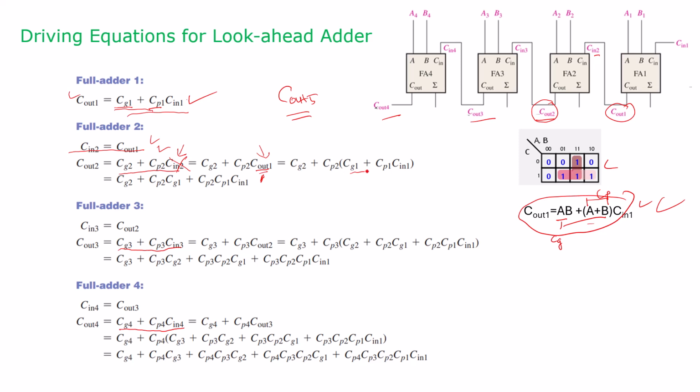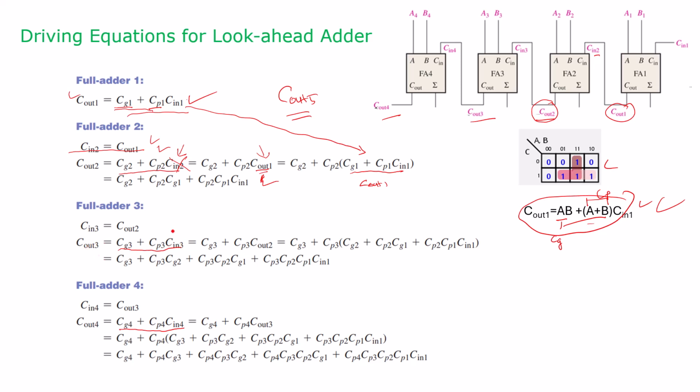So what you see here is just C out 1. We substitute its value here, and then we have a simple distribution. We multiply this value by the component on the inside here, and it gives me this. We do the same thing for the C out 3.